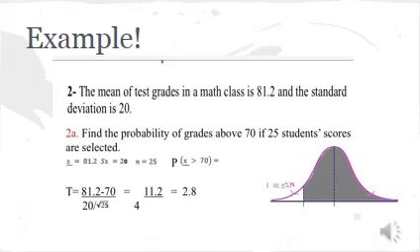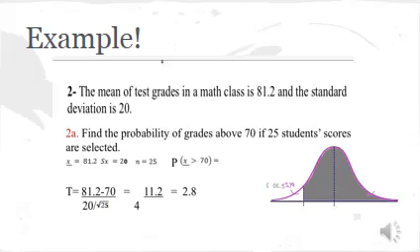So we know that x bar is 81.2, the standard deviation is 20, and the sample size is 25. Using t equals x bar minus mu divided by standard deviation divided by radical sample size, we can get the below equation to find out that t is equal to 2.8.